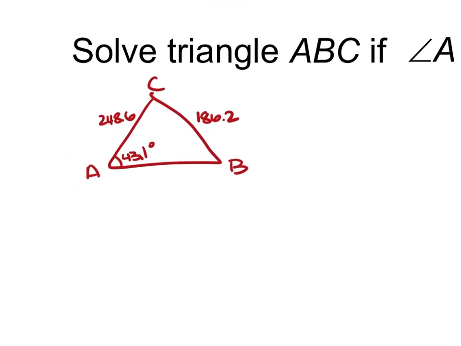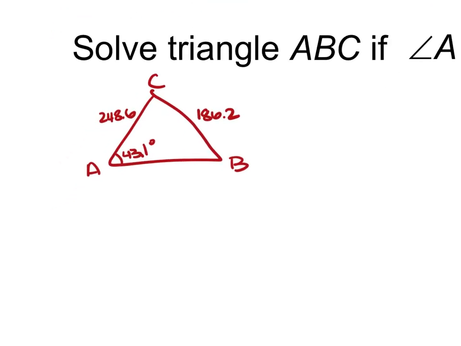All right, so we need to find angle B to start with because we're given side length B. So to set this up, we're going to do sine A over A is equal to sine B over B. Now, sine A is going to be sine 43.1 over side length A, which is 186.2.